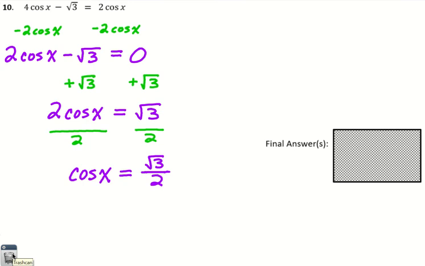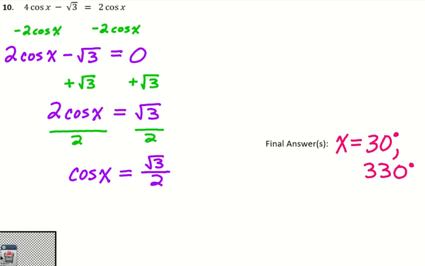And once we get to this point where cosine of x is isolated, we can just go directly to our cheat chart to figure out what angles make this true: 30 degrees or 330 degrees.